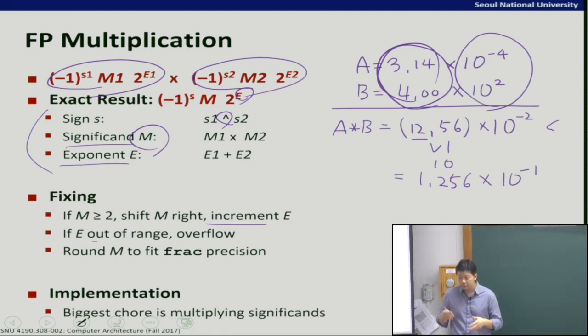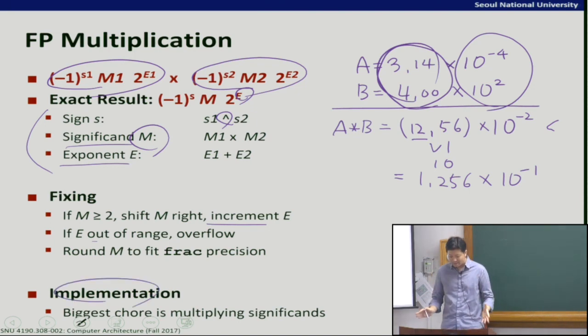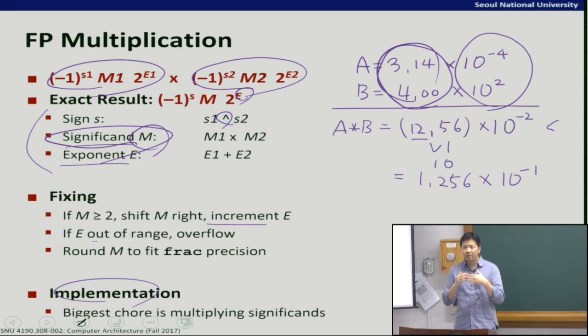So it's very straightforward, hopefully what you already know. Implementation-wise, the biggest task in this operation is multiplying this part. That's the most expensive part of this floating point operation. Otherwise, calculating XOR or calculating addition are easy ones, right?